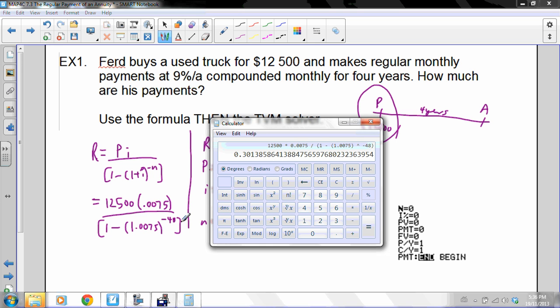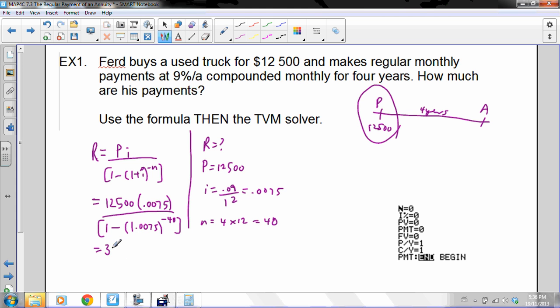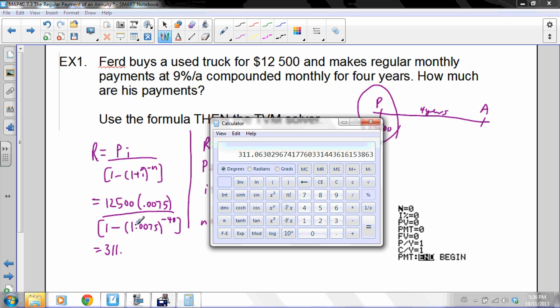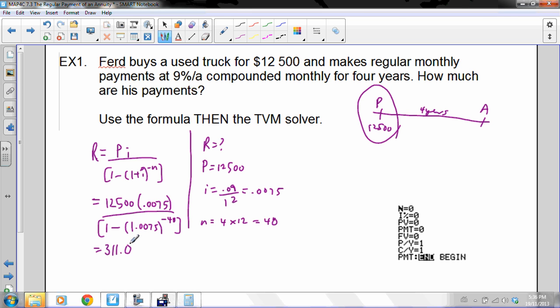Big nasty number, but this bracket is this big nasty number. I press equals, and is that a reasonable number? 311.06. Well, this is his monthly payments, right? So his monthly payments are $311.06. That's reasonable, right? Anybody with a truck payment would say that's probably a reasonable payment.